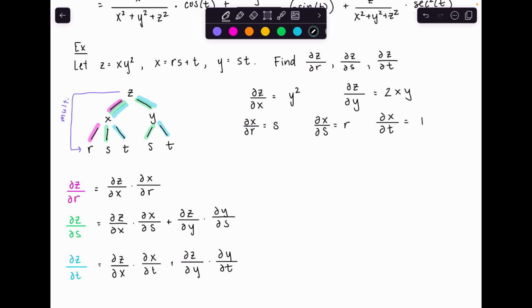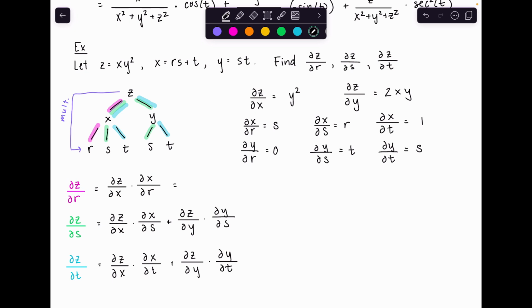Doing the same for y, you can technically do the partial of y with respect to r. It's 0, which is why it's just easier to not draw a branch, because then I don't even have to worry about it. Partial of y with respect to s is going to be t, and then partial of y with respect to t is s. So again, derivative of each one separately is just 1, so you get the other variable.